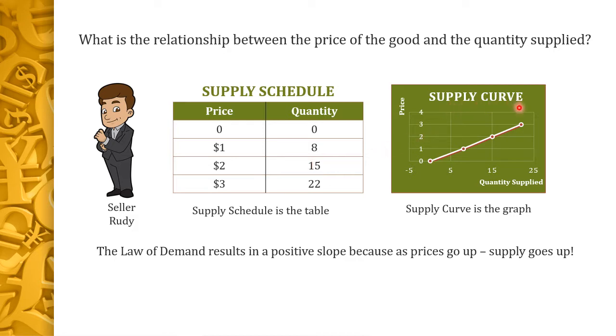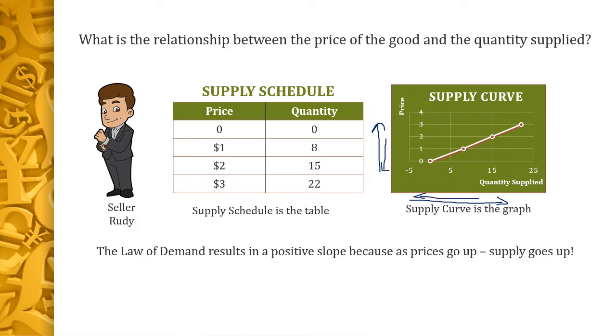And then we've got a supply curve over here, and it is a graph. Now, one thing you may have noticed is that the curve goes up. So this is a positive slope. Now, we've mostly been looking at negative slopes. All the demand stuff was negative slopes. With a positive slope, the thing that's important to remember here is that both sides are going to rise at the same time, or both sides are going to go down at the same time.